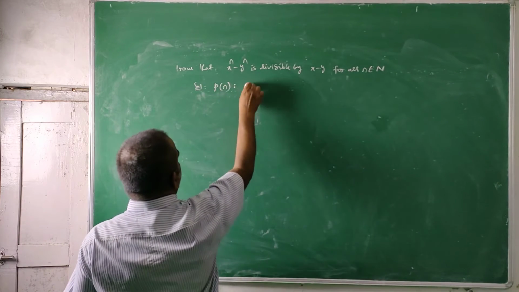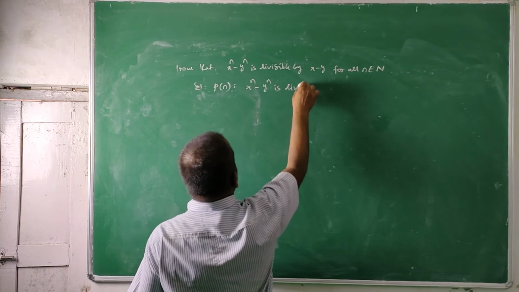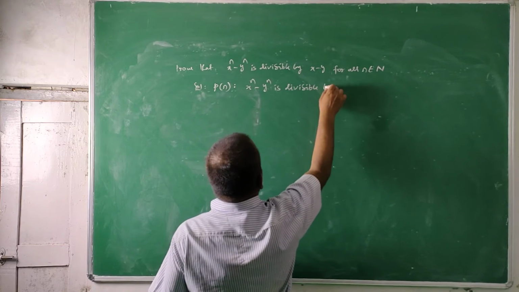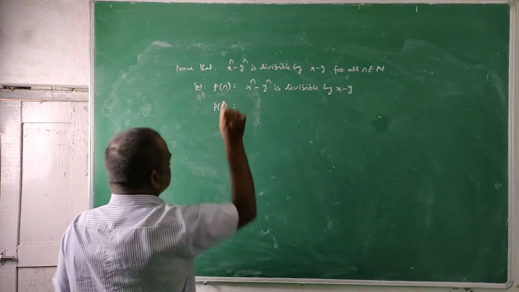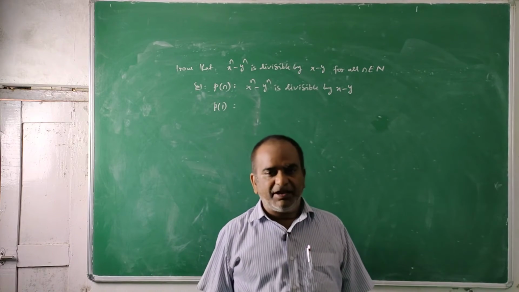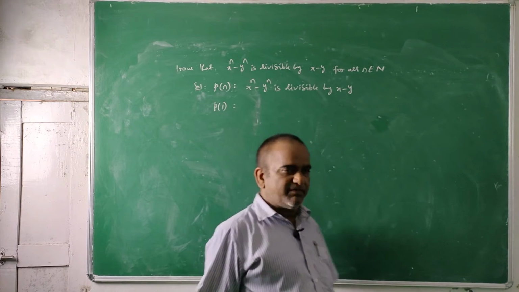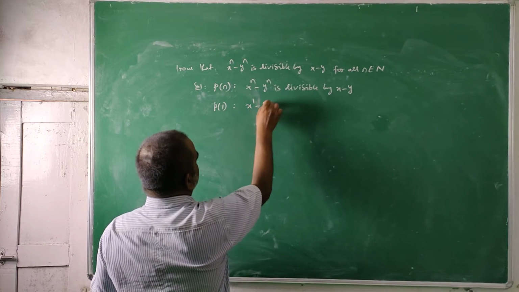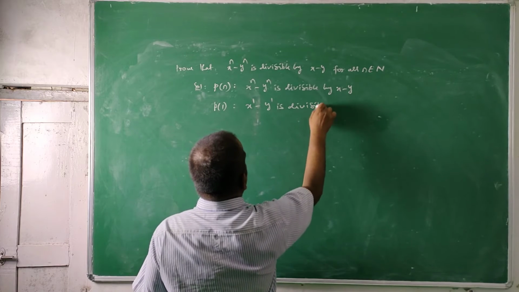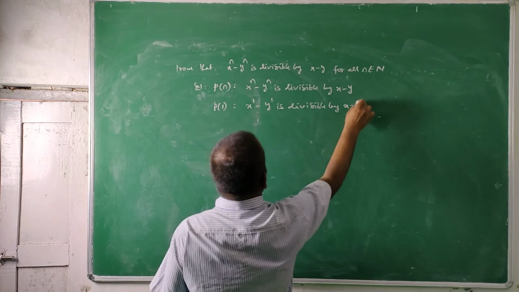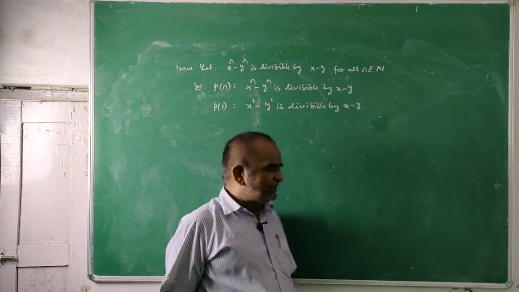P of n: x power n minus y power n is divisible by x minus y. Now P of 1. In the place of n, you have to put 1. That is x power 1 minus y power 1 is divisible by x minus y. x power 1 minus y power 1 is nothing but x minus y.